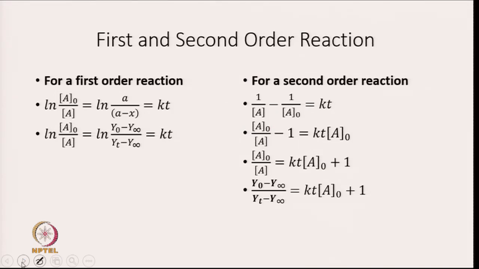So, now we can write the first order equation. The first order equation is what? Log A0 by A is equal to log A by (A minus x) is equal to kt. And we have already calculated this ratio. I wrote (A minus x) by A, but you can also write A by (A minus x), and that is equal to (Y0 minus Y infinity) by (Yt minus Y infinity).